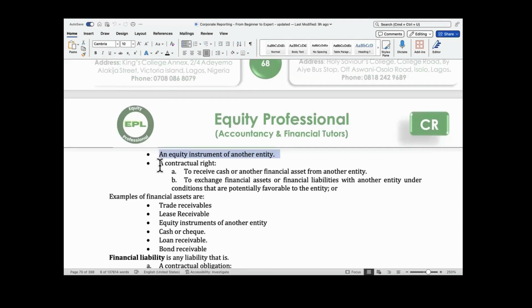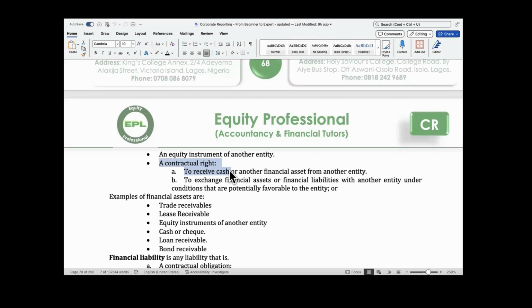Financial asset is also a contractual right to receive cash. When you have right to receive cash, you have a financial asset.